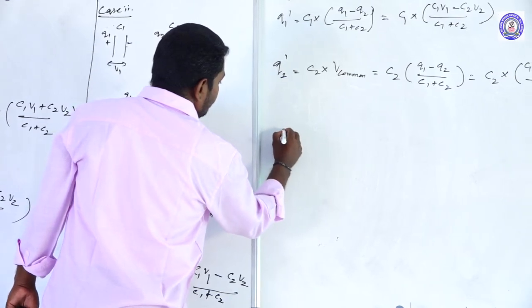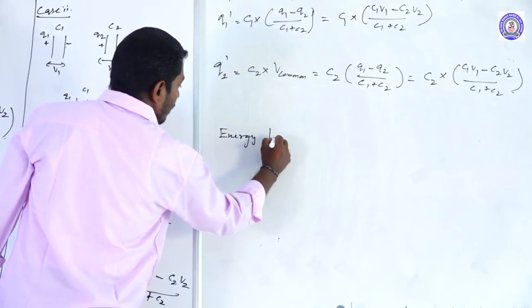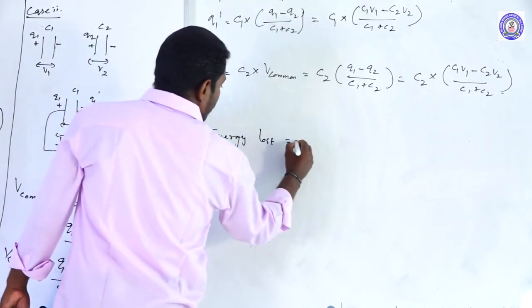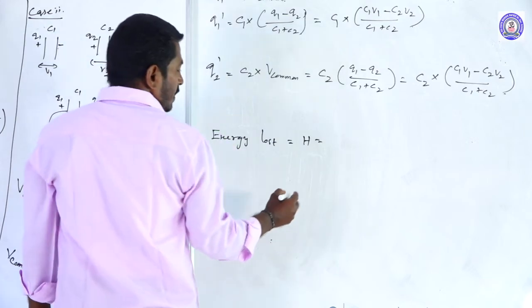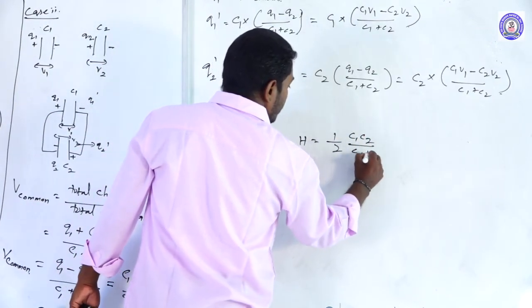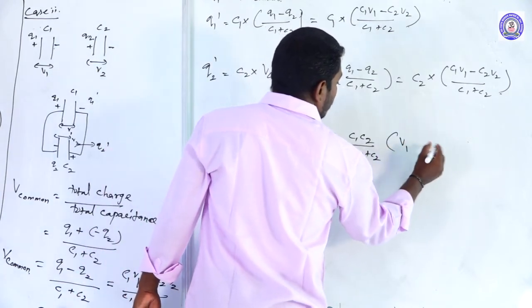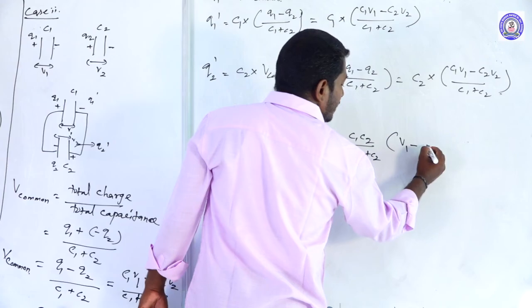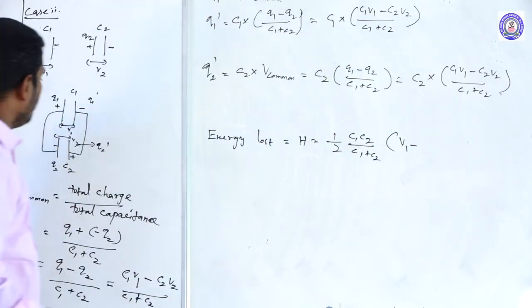Energy lost H is equal to half C1 C2 divided by C1 plus C2 times (V1 minus V2) whole square, where one potential is taken as negative because both capacitors are connected with opposite polarity.